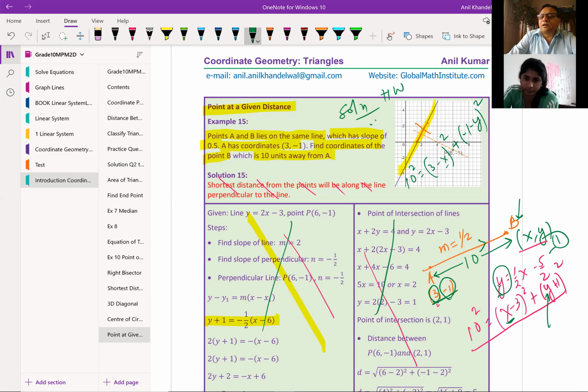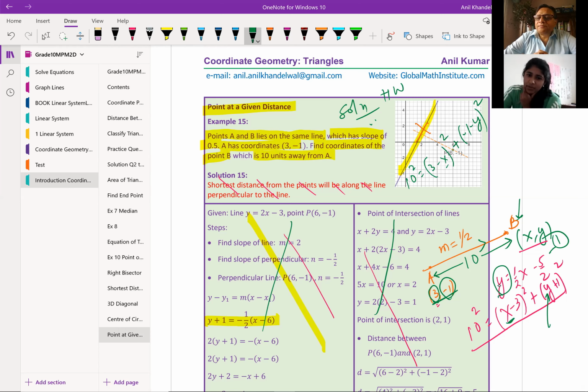So substitute half x minus 5 by 2, whichever you found, here for y. So it's a quadratic equation which is kind of complicated to work with, and then find the coordinates of point B. Is that clear? So that is how you could do it.